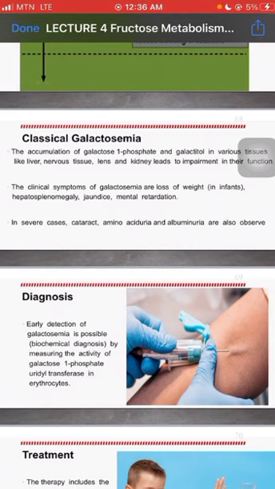Put this in mind: most of the conditions that happen when there is deficiency of an enzyme are mostly autosomal conditions. And since there is high accumulation of this galactose in the blood, and the blood too will be shoveled into the kidney, it means that some of this galactose is going to be found in our kidney, and that is what we call galactosuria, meaning galactose in our urine. Hope you understand.